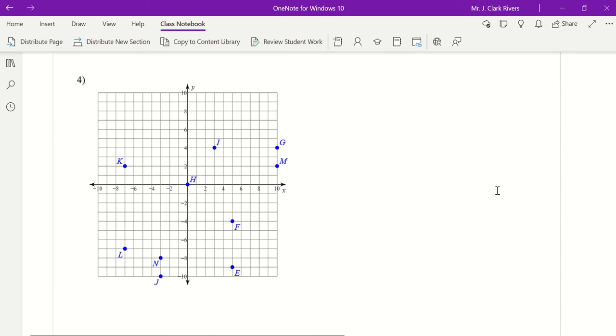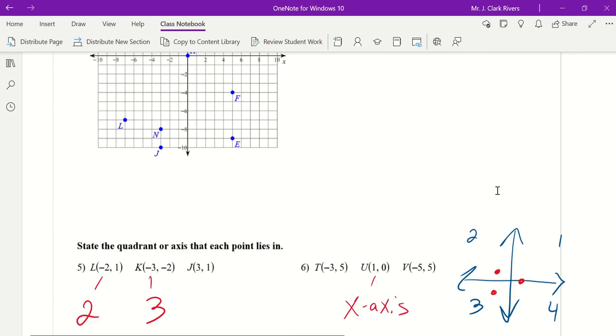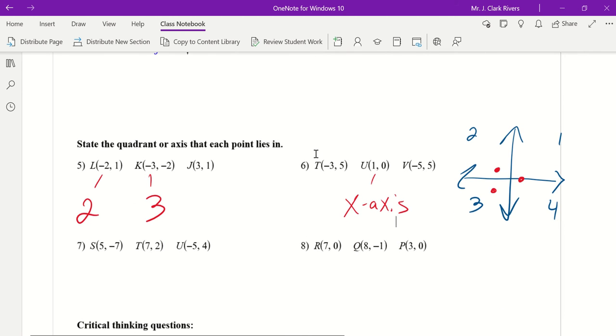Okay. Any questions on 4? Kyle. Any questions on the quadrant problems? 5, 6, 7, 8. We're good? Okay. Remember, quadrant 1's in the top right, and then we go counterclockwise. Quadrant 1, quadrant 2, quadrant 3, quadrant 4. On these, I recommended that you plot them and determine what quadrant they're in.